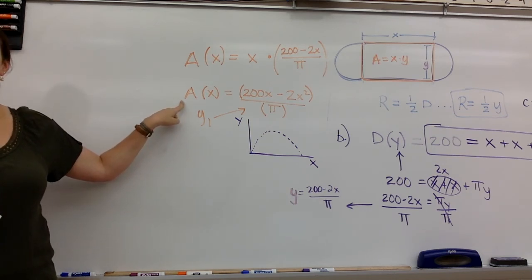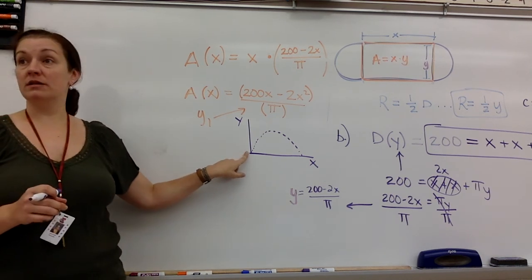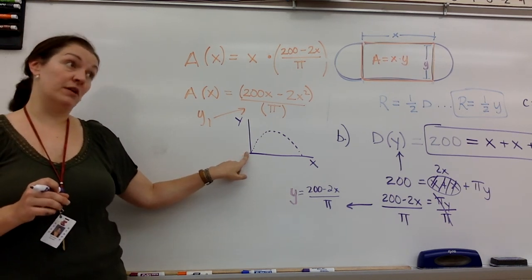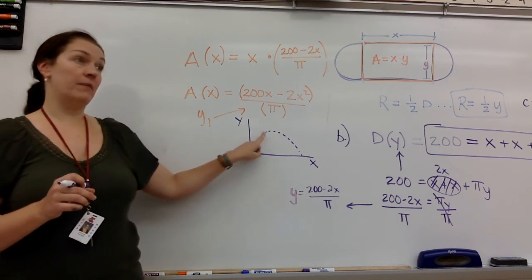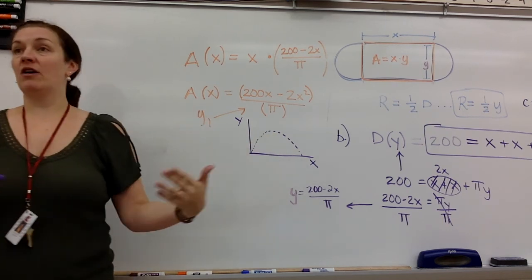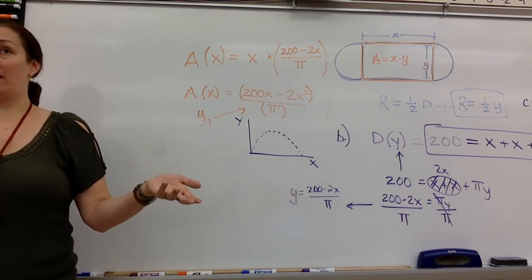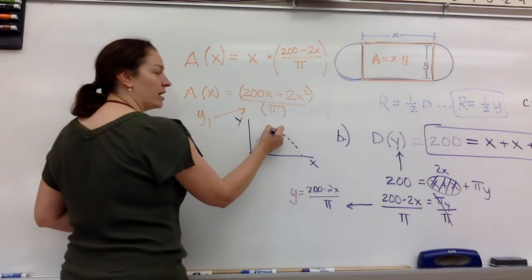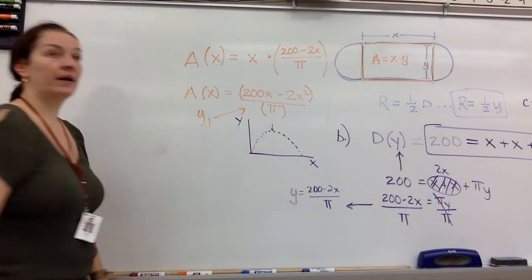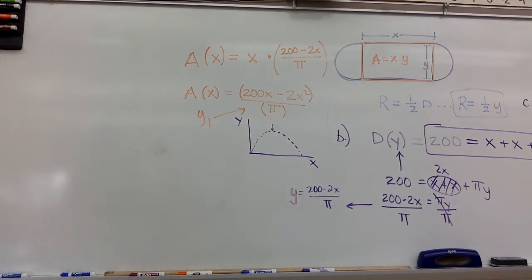Area. Okay? So area starts small, 0, 0. Obviously the area would be 0. And then it's going to get bigger and bigger and bigger. The goal here is to maximize the area. So what I'm really looking for is the point right here at the top of the mountain. How do we use the calculator to find that? Maximize. Go ahead in. Use maximize.